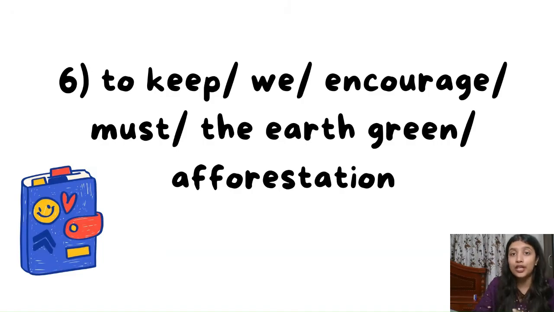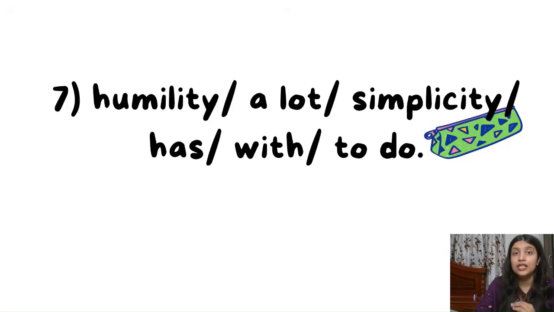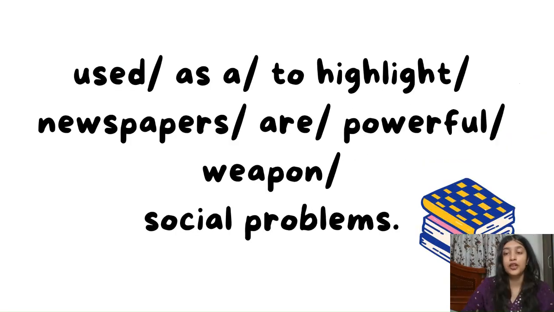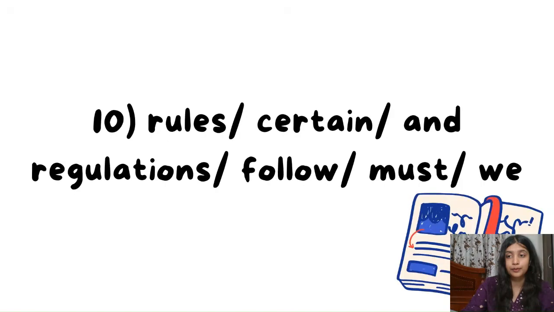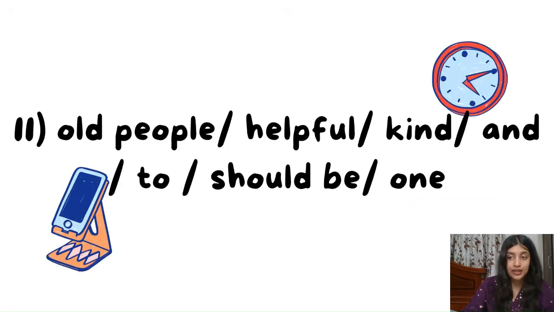We must encourage afforestation to keep the earth green. Simplicity has a lot to do with humility. Newspapers are used as a powerful weapon to highlight social problems. We must follow certain rules and regulations. One should be kind and helpful to old people.